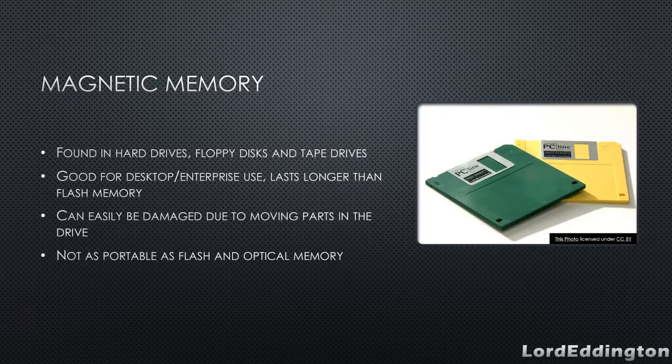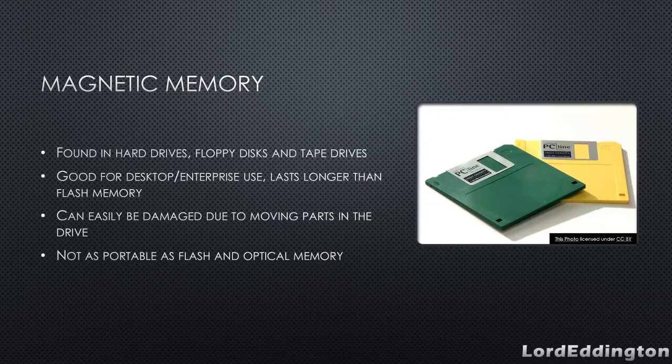Magnetic memory can be easily damaged because most of it has moving parts in it, such as a hard drive. Floppy disks aren't as bad because they're meant to be portable. And then tape drives, you may not know a lot about them.